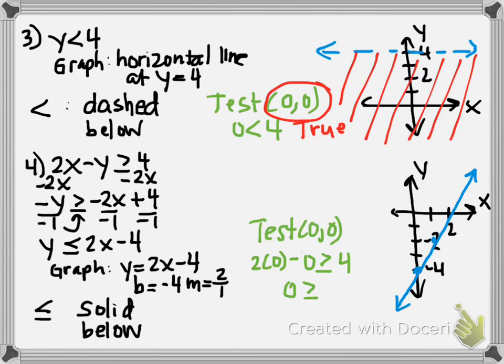Is 0 greater than or equal to 4? No, that's false. Oops, that didn't change, sorry. So what that says is you better not be shading where 0, 0 is. And again, below would take us away from 0, 0.